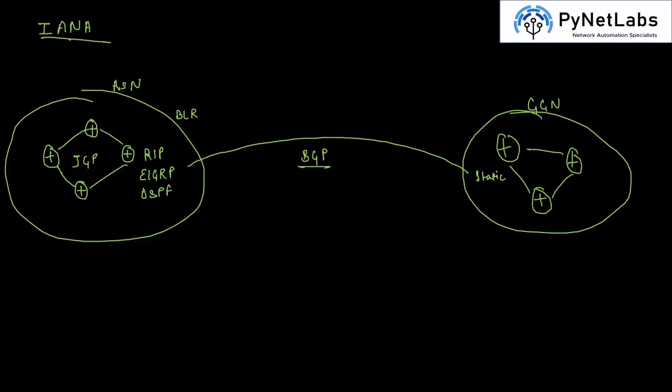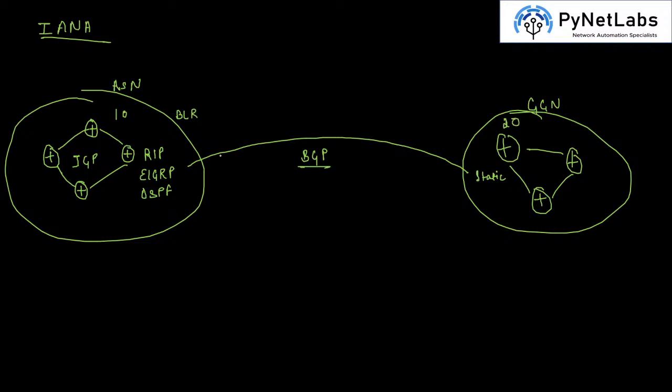If I say that I have autonomous system number 10 on the Bangalore site, then this 10 cannot be there anywhere else in the world. It is going to be very unique to me. Similarly, you will have some autonomous system number for the Gurgaon site, let's say 20.